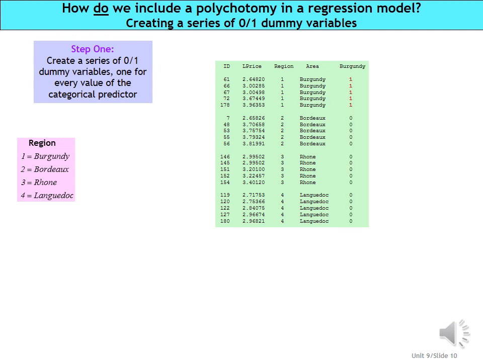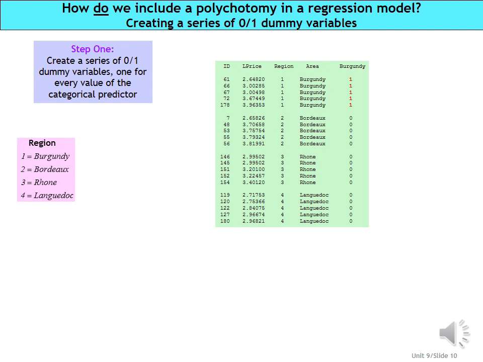So I have a variable for Burgundy, which is going to be 1 and all others zeros. So this polychotomy converts into a dichotomy. For the variable Burgundy, if it's Burgundy, it's 1. If not, it's 0. And I can compare Burgundy to every other region.